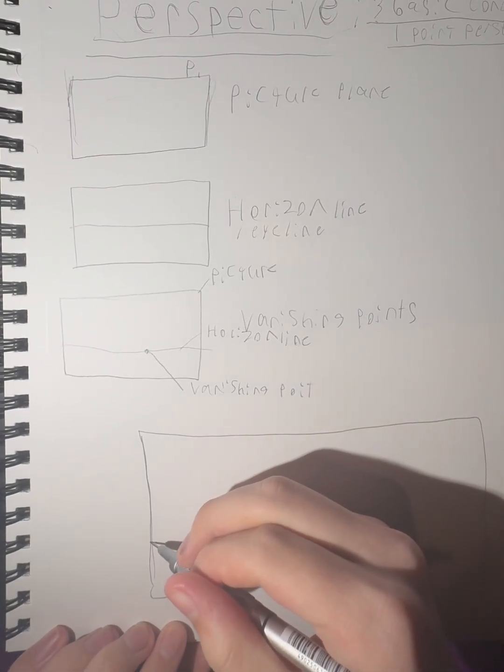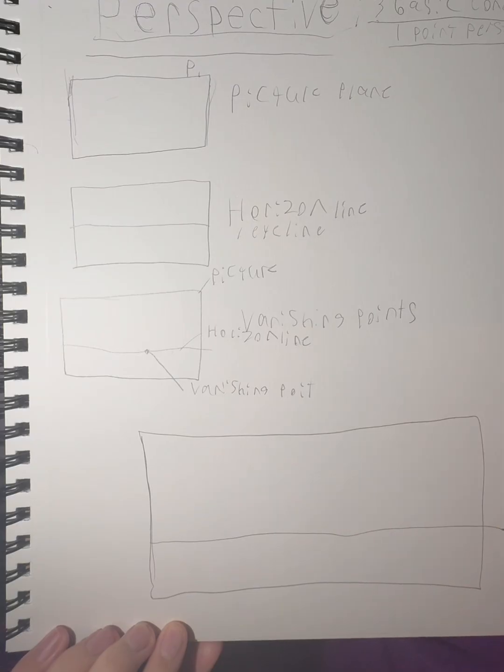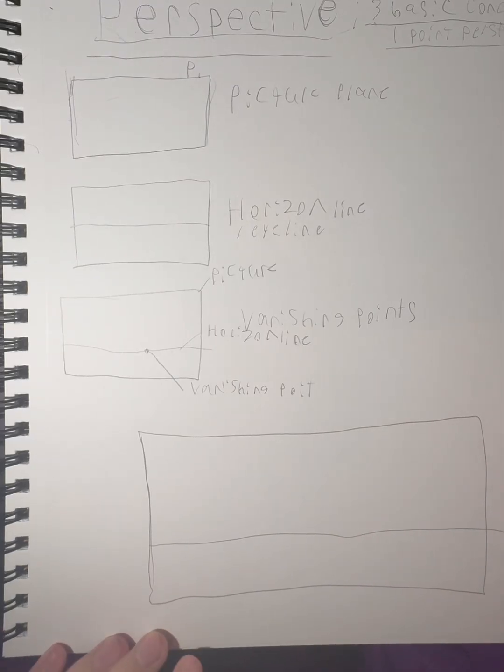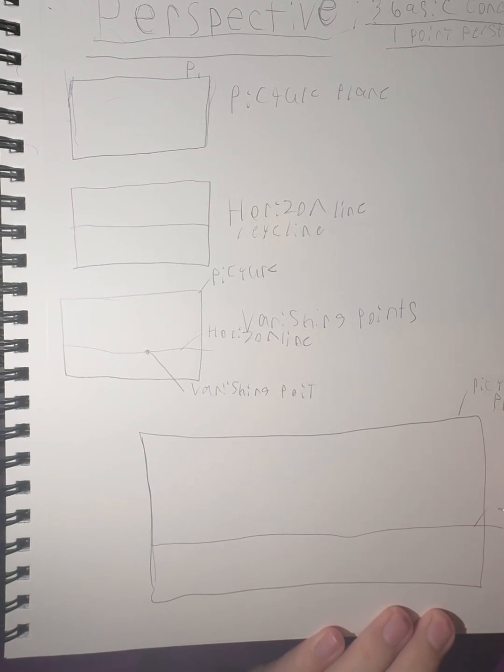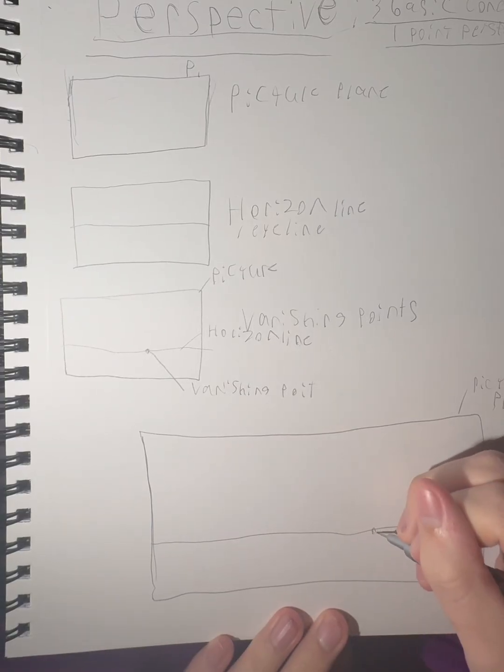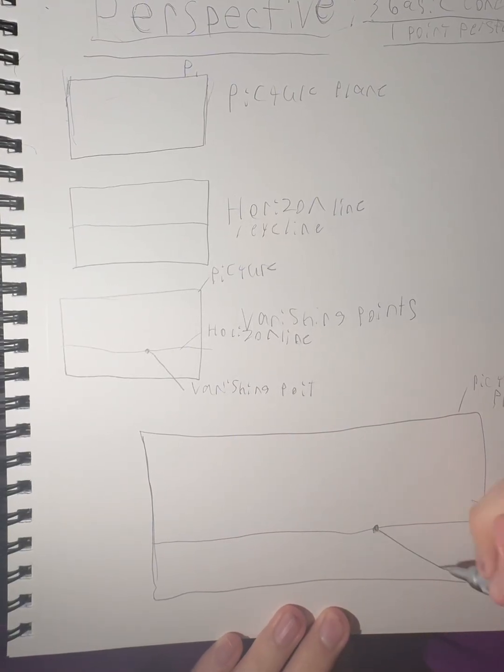So draw the horizon line, the picture plane, you have the horizon line, and then add your vanishing point.